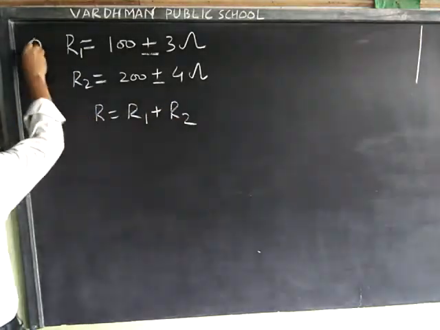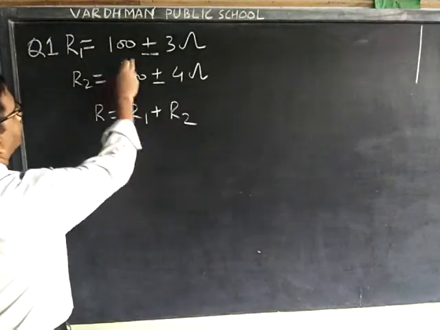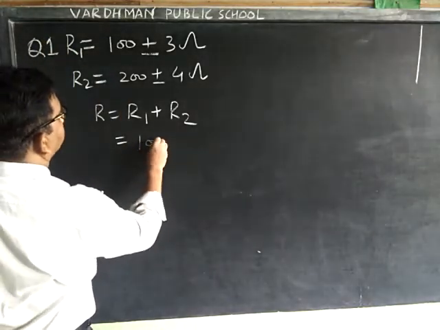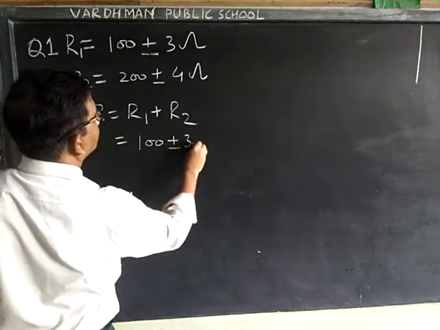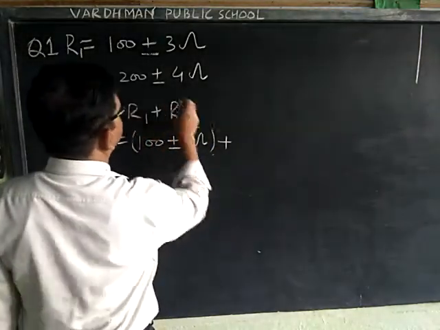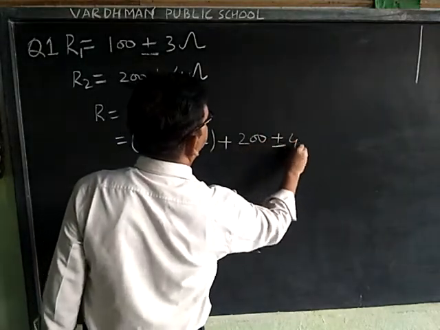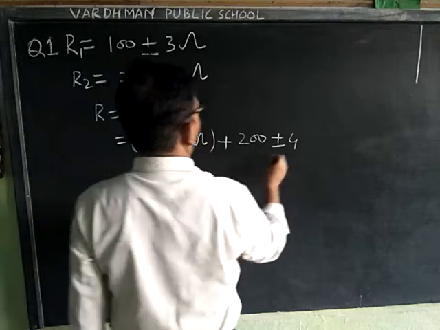This is my question first. Now what is the value of R? R1 is 100 plus minus 3 ohm plus R2 200 plus minus 4 ohm.